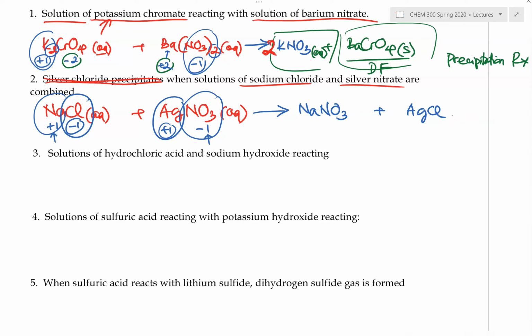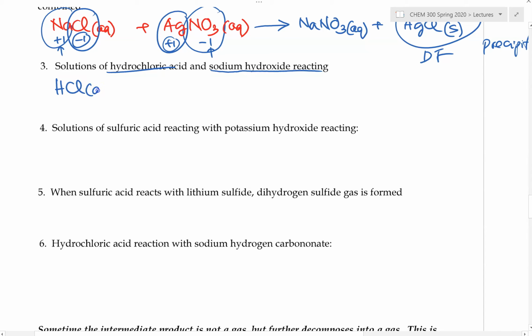Let's now try example 3. A solution of hydrochloric acid and a solution of sodium hydroxide react. Let's predict the products if there is a reaction. A hydrochloric acid solution would be HCl, aqueous, reacting with sodium hydroxide, which is NaOH, aqueous.